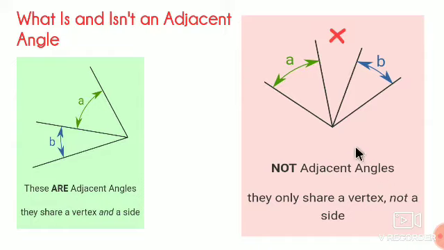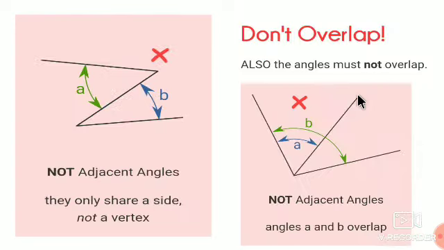But in this figure, angle A and angle B have the common vertex, but they do not have the common arm. These are the two arms of angle B and these are the two arms of angle A. They do not have a common arm. That's why we cannot say this pair is adjacent angles.